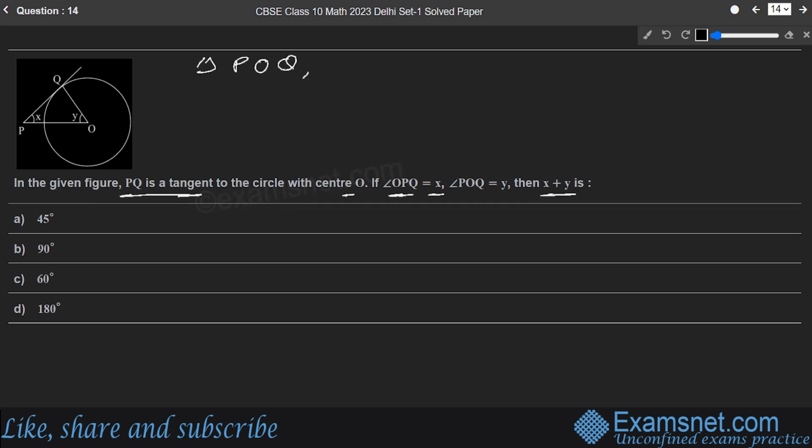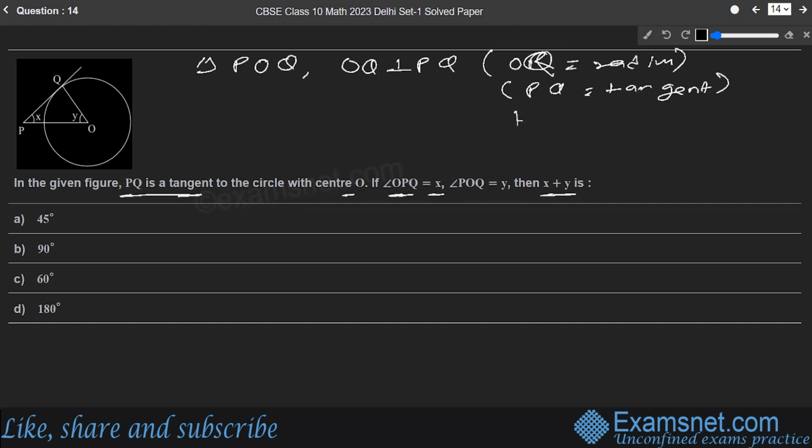POQ, in triangle POQ, OQ is perpendicular to PQ. Why? Because OQ is the radius of the circle and PQ is the tangent to the circle. There's a theorem which says tangent is always perpendicular to the radius.